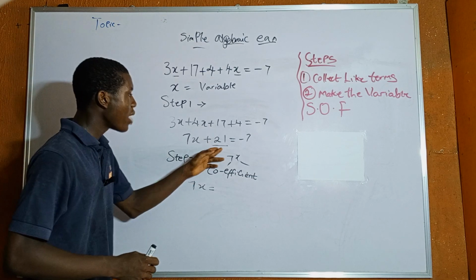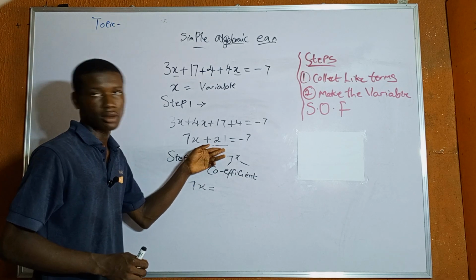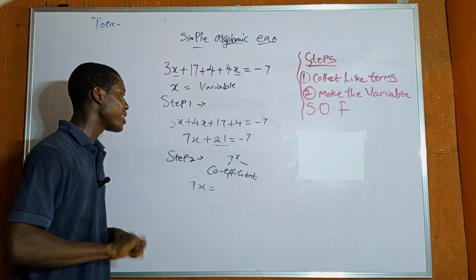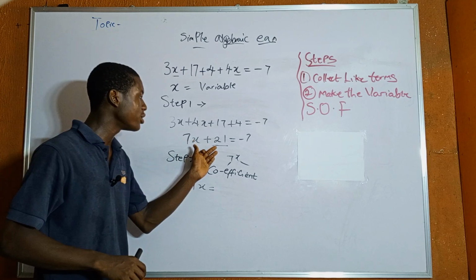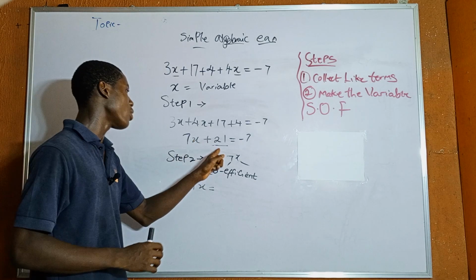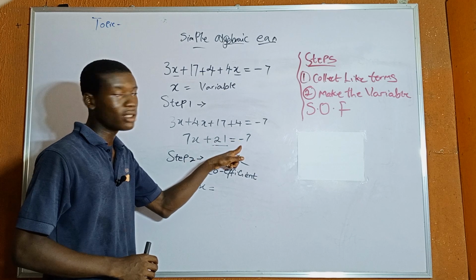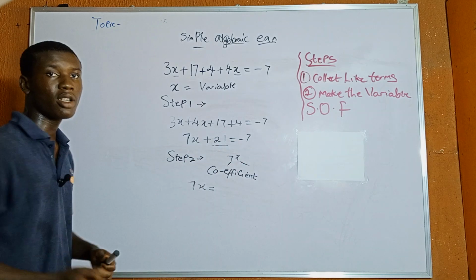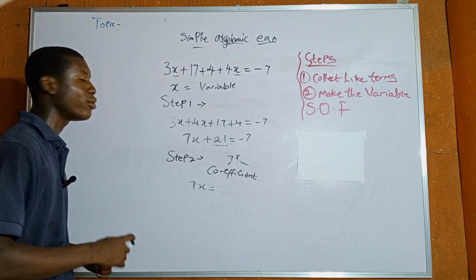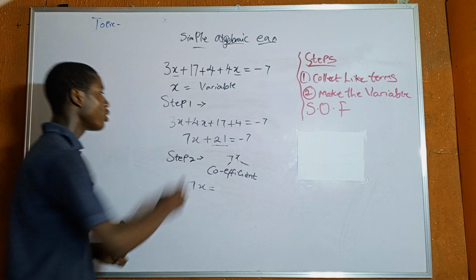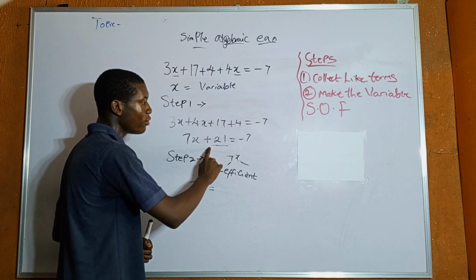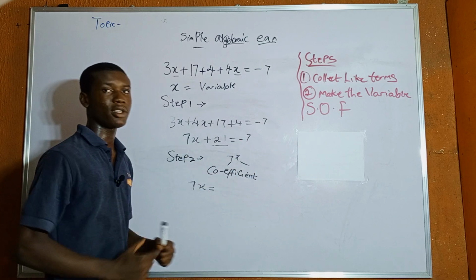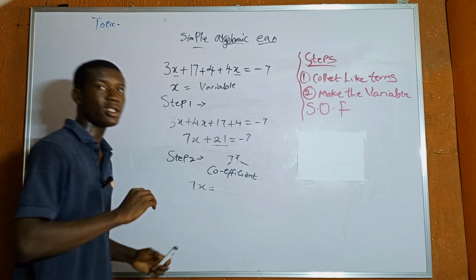But when this is plus 21, the simple rule is that when any number, constant or value is moving from one part of the equation to another part, the sign will be the opposite of what it originally was. So as we have addition here, when it crosses to the other part of the equation, it will become negative.